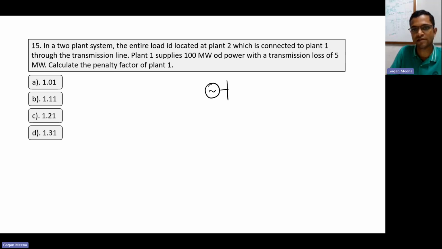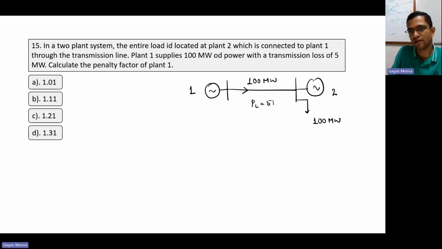We have this system like this. This is plant 2, this is plant 1. The entire load is located here. Plant 1 is supplying 100 megawatt of power with a transmission loss of 5 megawatt.